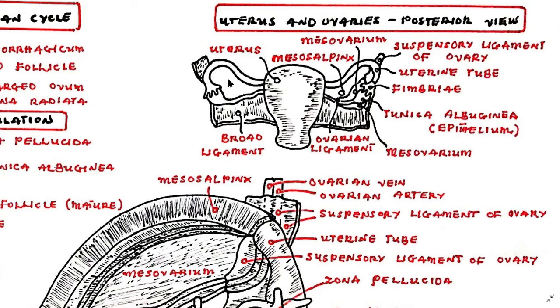Anatomically, the ovaries are located on the side of the true pelvis and attached to the posterior layer of the double fold of parietal peritoneum known as the broad ligament. Now the broad ligament is spread over the ovaries, the uterine tubes, and the uterus like a blanket.